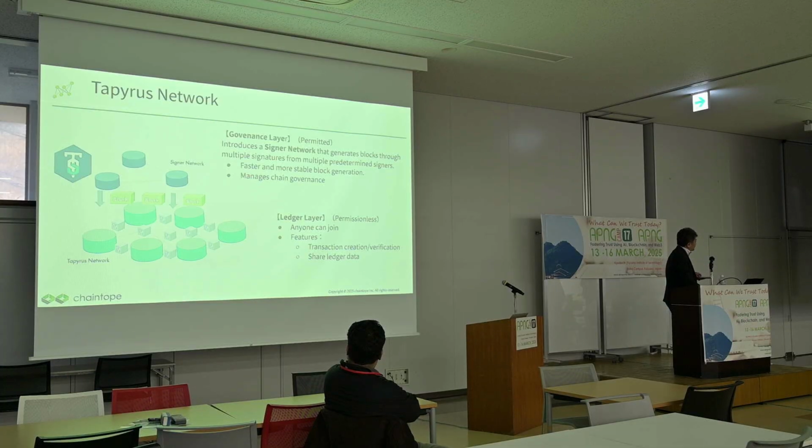Each signer collects transactions and broadcasts them to the ledger network, assembles them into a block, creates a digital signature for the block, and broadcasts the completed block to the ledger network. This layer supports faster and more stable block generation. On the other hand, the ledger layer is a permissionless model in which anyone can join, anyone can create, see and verify transactions.